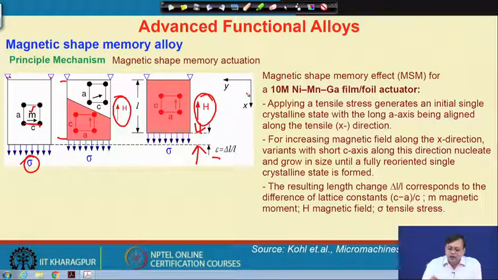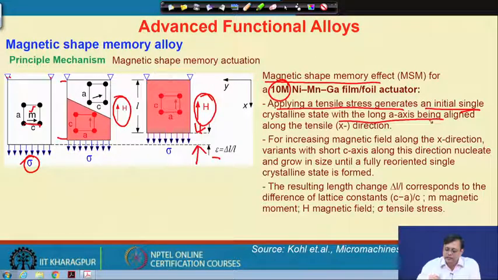Okay. So, in short, let us say the magnetic shape memory effect we achieve, this was a typical 10 M martensite in a nickel manganese gallium actuator. Applying a tensile stress generates an initial single crystalline state along the A axis, aligned along the x direction.